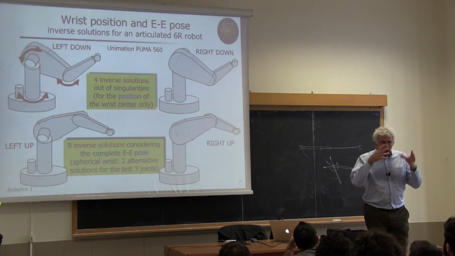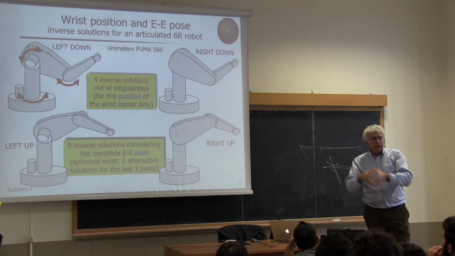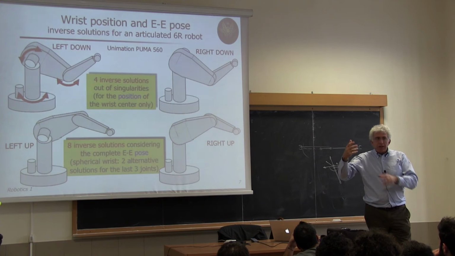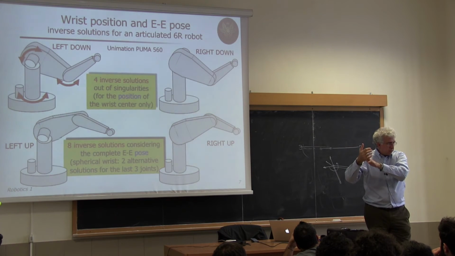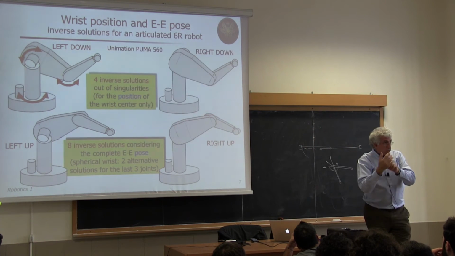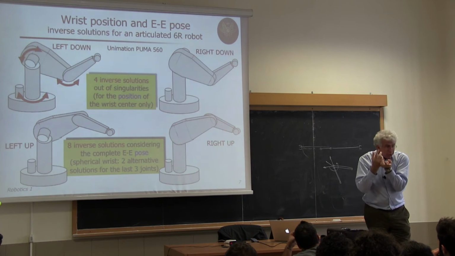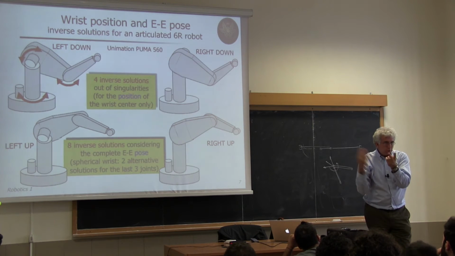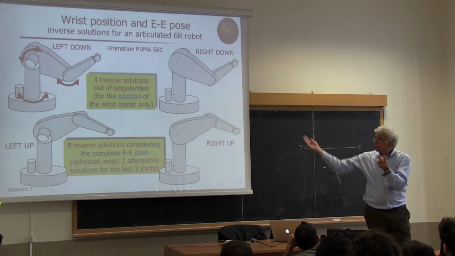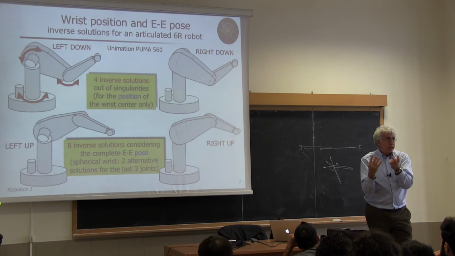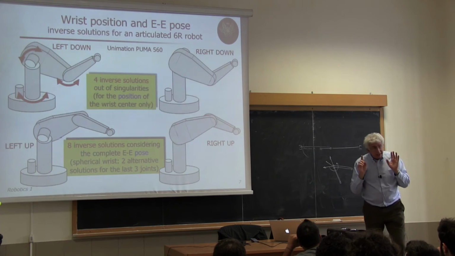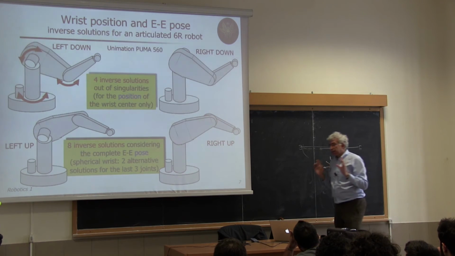So if now we mount the wrist at the end of the first 3 links, for each solution that positions the center of the wrist, one of these 4, we will have 2 solutions for orienting as desired the end effector. So for each one we have 2, we have 4 base solutions for the main 3 links, and then we double. Okay? But this is a special case. Pay attention. This is a special case.